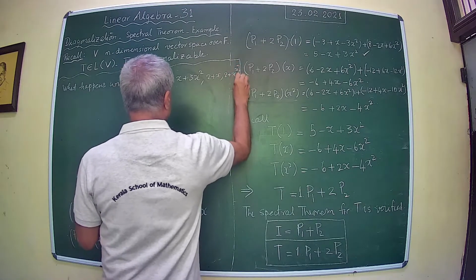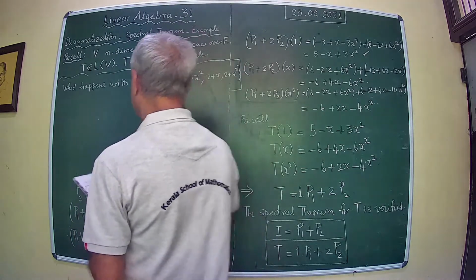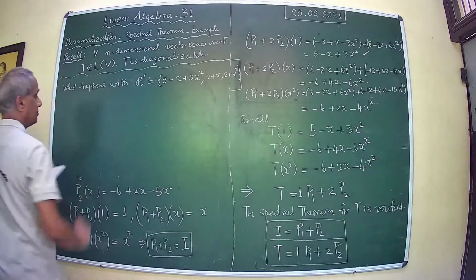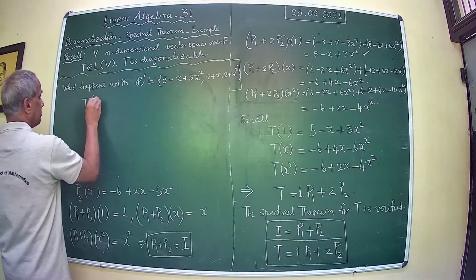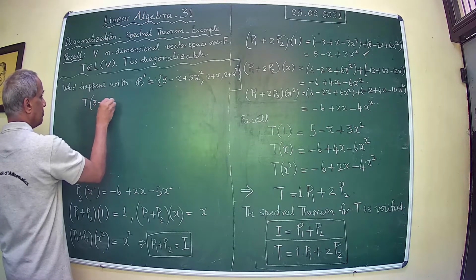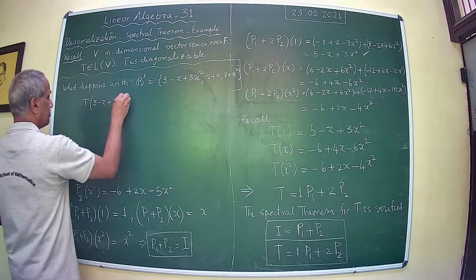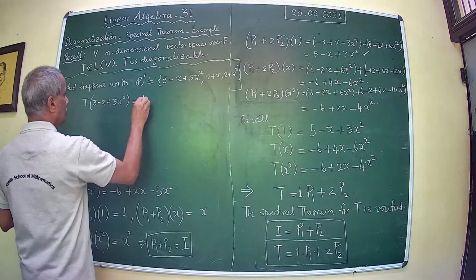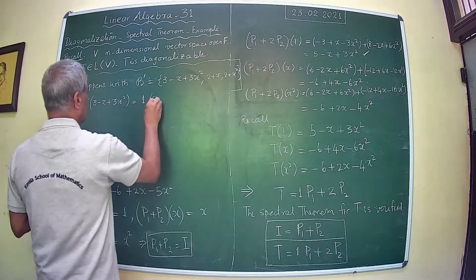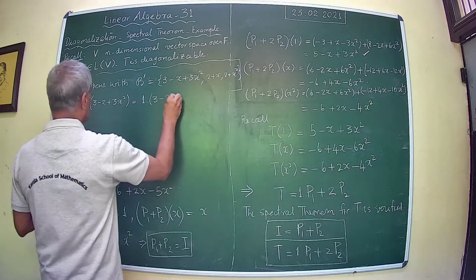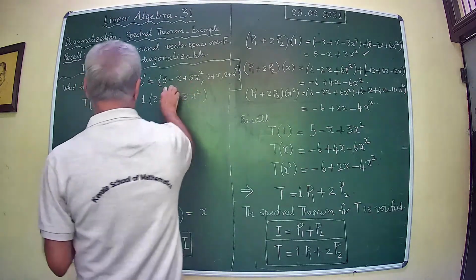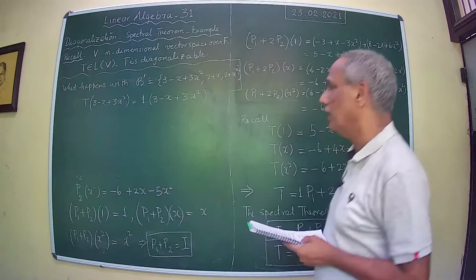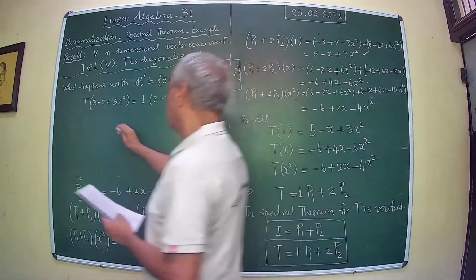Suppose we choose this basis, then we have found that P of... that means this is an eigenfunction of T belonging to the eigenvalue 1.